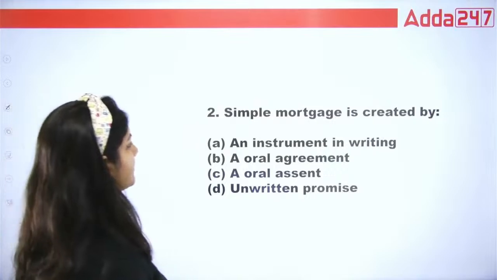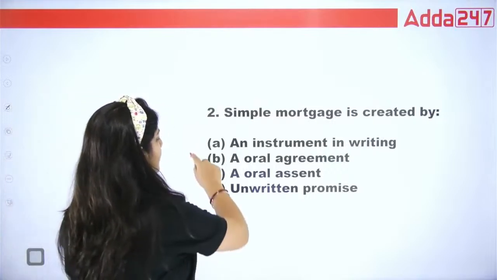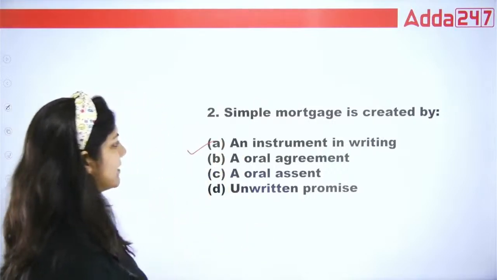What is the right answer? The simple mortgage is created by instrument in writing. So second, A is the right answer.